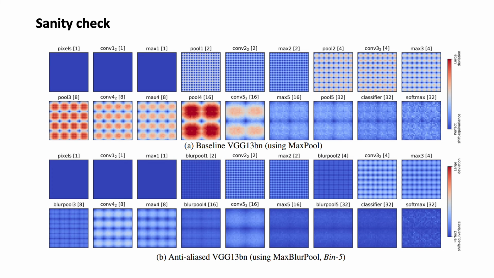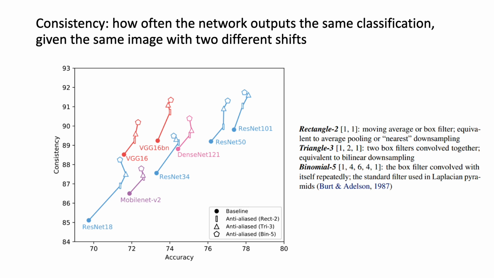The authors run additional sanity checks just like before and confirm that the issues that were existing with the traditional CNN do not exist anymore when we use the blur pool trick. The authors define a metric of consistency and show that the consistency increases for a wide range of blur pool kernels.